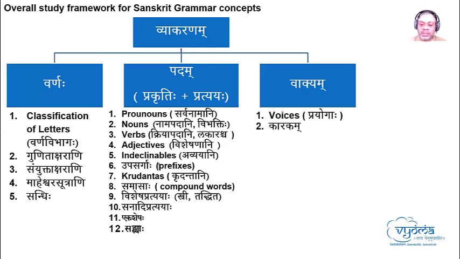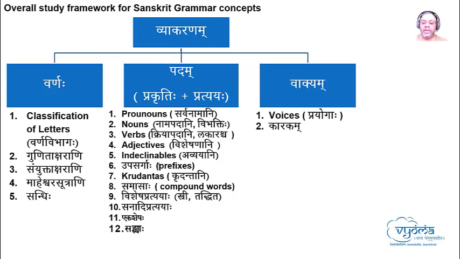Then we have Prayogas, Karaka. So the Varnatmaka Karyas, the Padatmaka Karyas, the Vakyatmaka Karyas, etc. These are the 16 to 18 topics that we studied in this course, and this is the overall framework of studying Vyakarana.